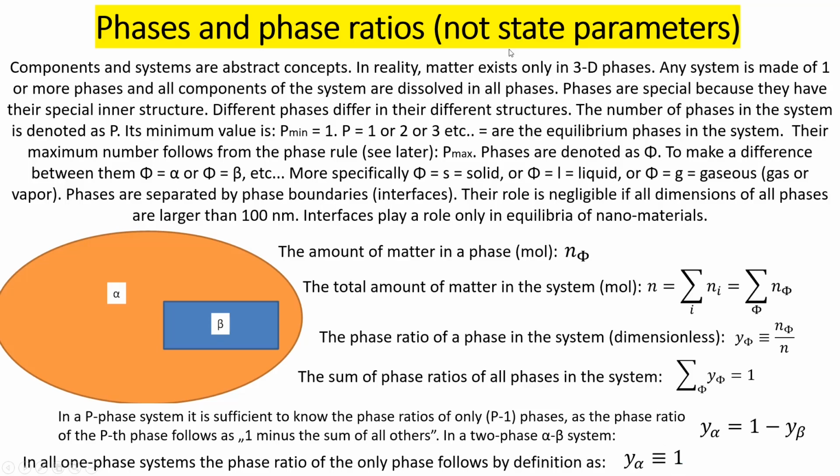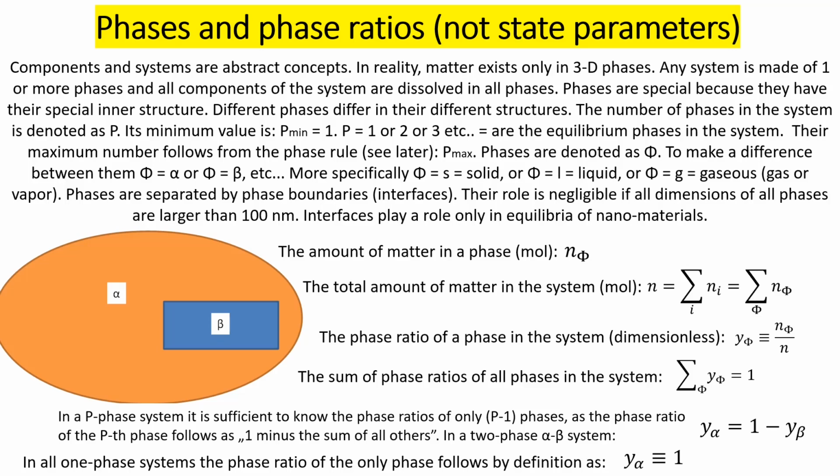Now, in the previous slide I also mentioned state parameters, and it would be nice, of course, if the phase ratio would be also a state parameter, meaning I, engineer, can define what should be the phase ratio of which phases. But unfortunately, this is not the case. Unfortunately, this is not in my power.